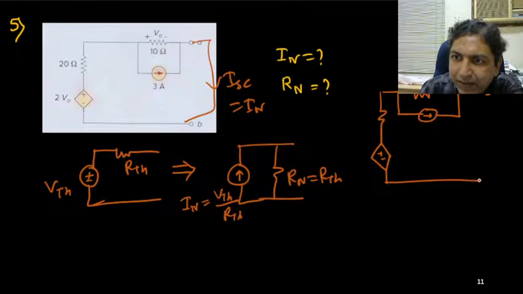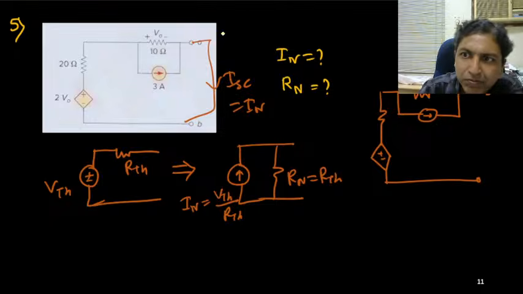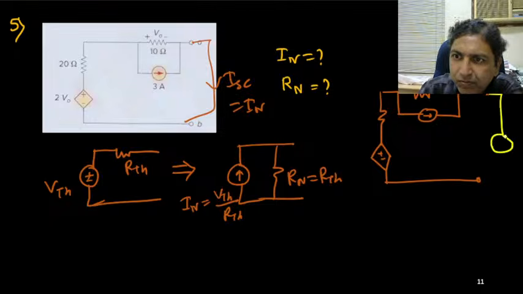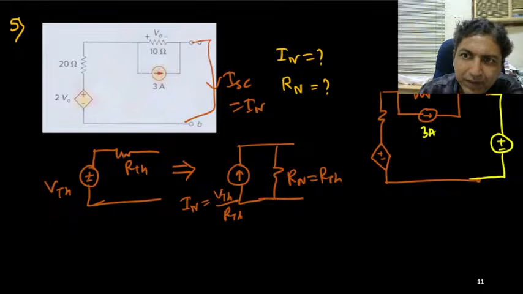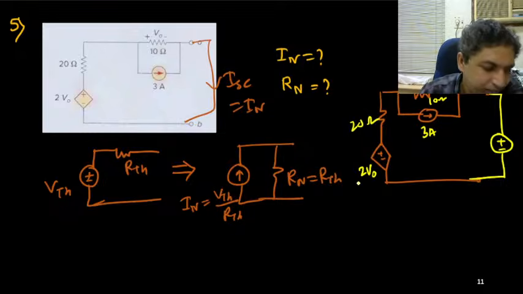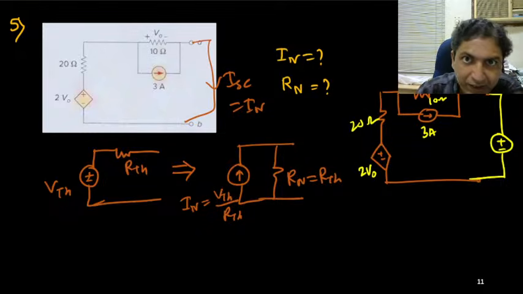Now here we will be connecting one source, okay. So this is your 3 ampere, this is your plus minus V0, 10 ohm, right? This is your 20 ohm, this is your 2 V0, correct?